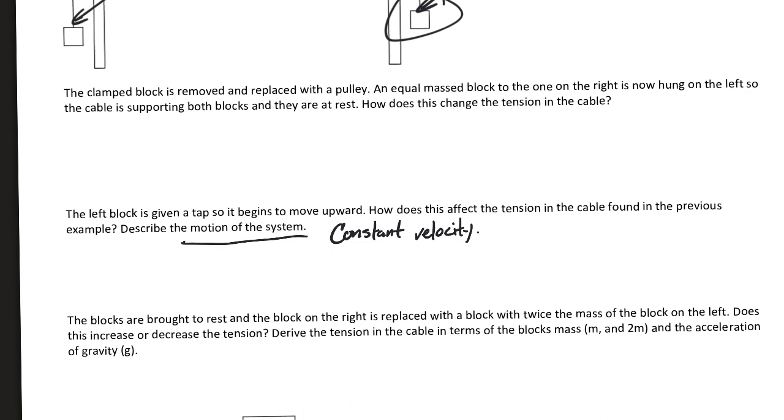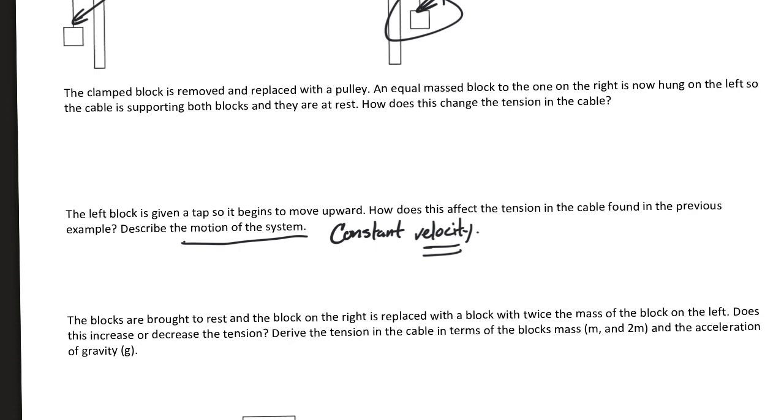None of the masses have changed. If none of the masses have changed, then the net force on the system is still going to be 0. So the tension in the cable is going to be equal to the weight of 1 of the blocks. The fact that it's moving just means it moves at a constant velocity and doesn't accelerate. That's the big deal. It won't accelerate.